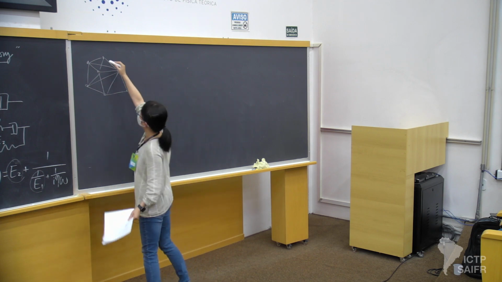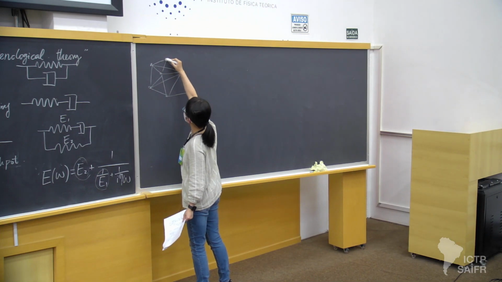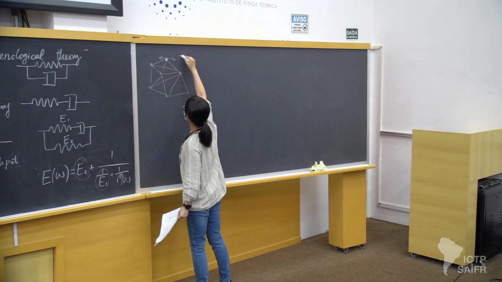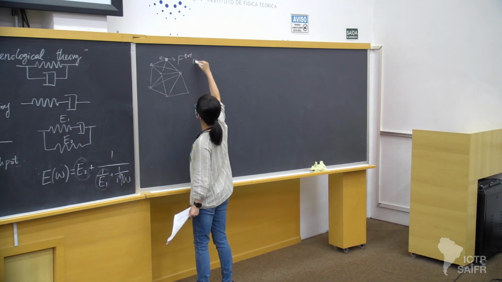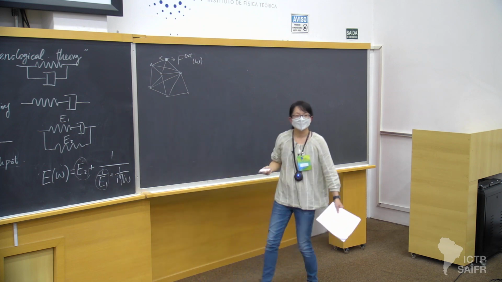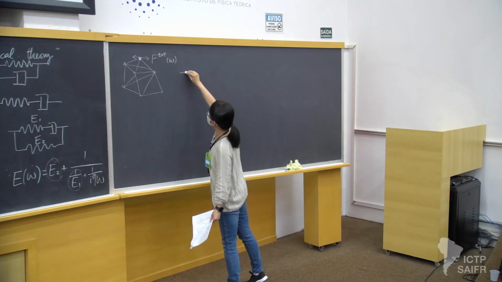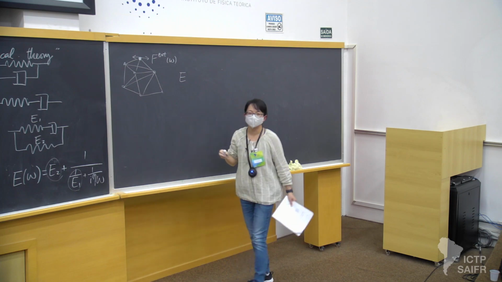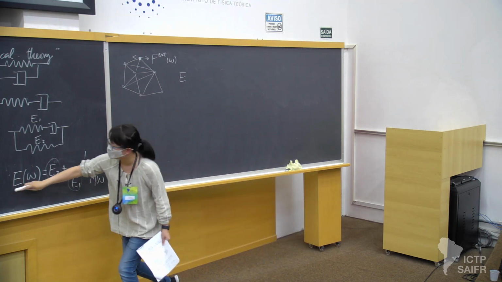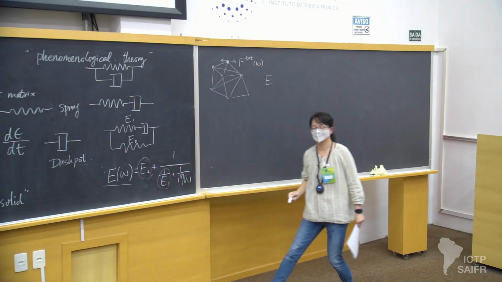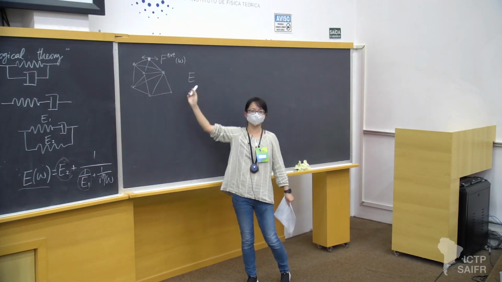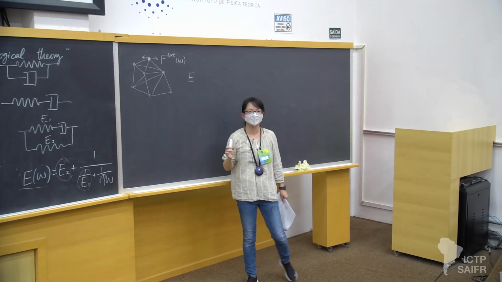I just say that I grab one point and give it a time-dependent external force, okay? Then the effective Young's modulus, if I want to compare it to this quantity, is what kind of ratio on this network?